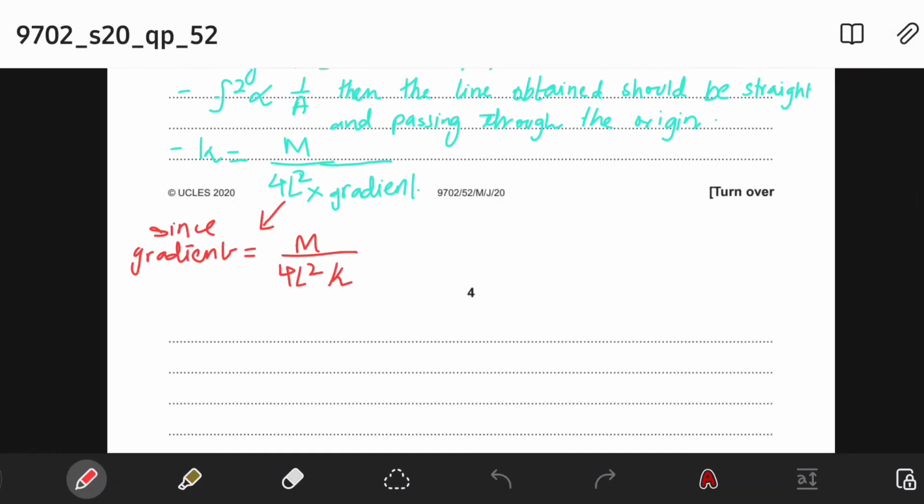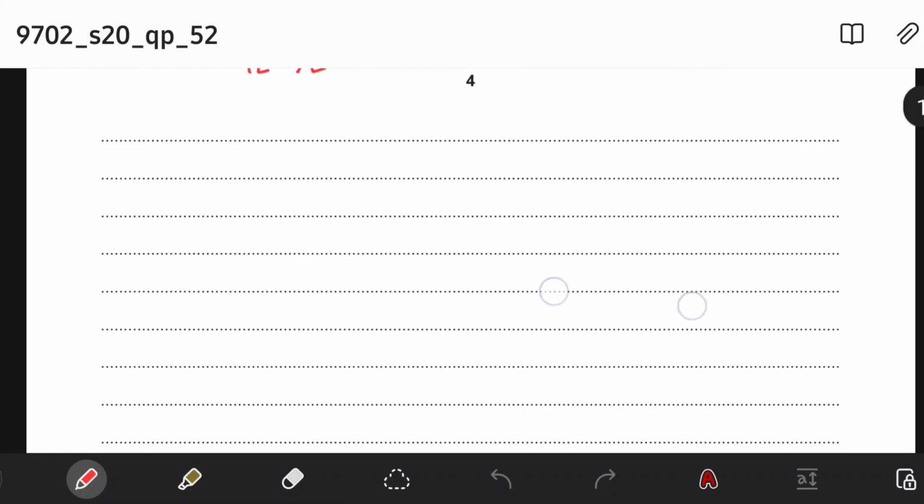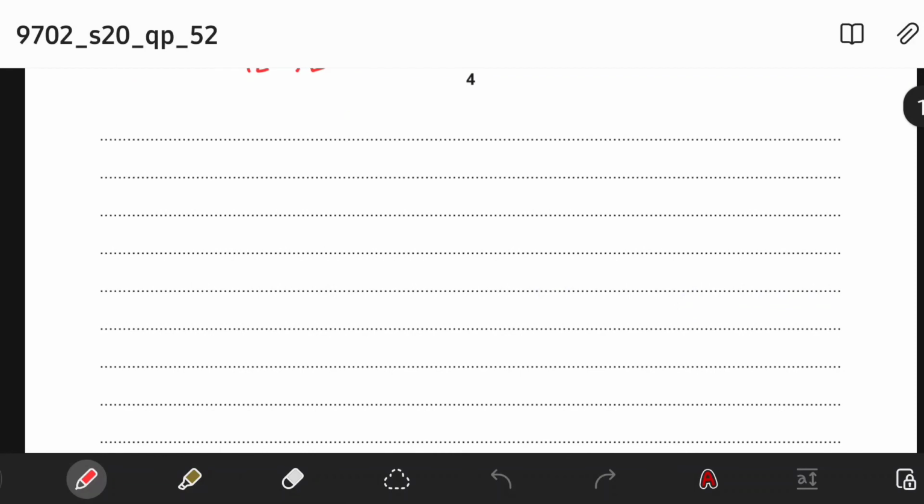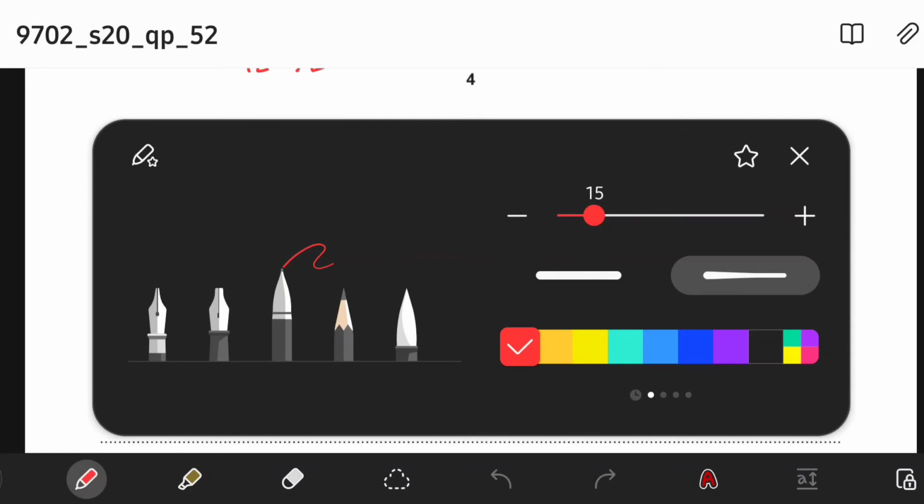So let's write down the additional details and safety considerations. Firstly, we can say that we should use something to caution if the mass that we are using falls. So a safety precaution can be used.